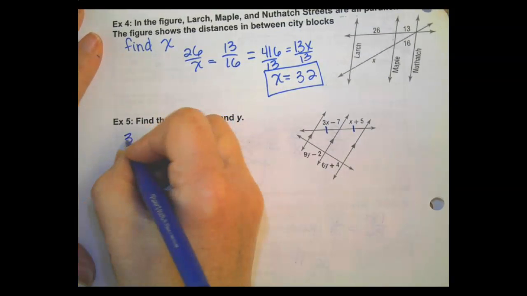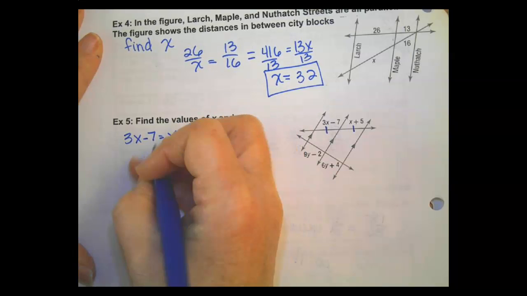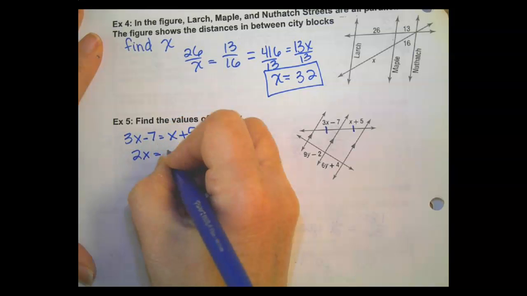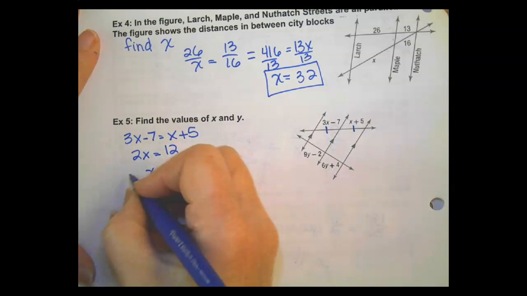So 3x minus 7 is equal to x plus 5. So 2x equals 12, x equals 6. That one was easy.